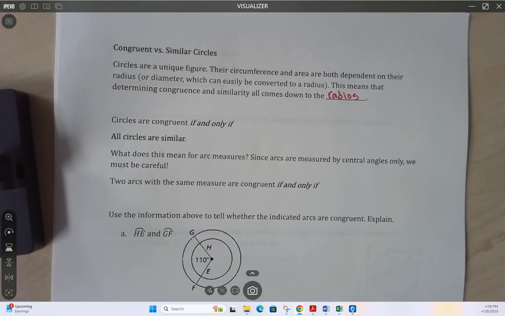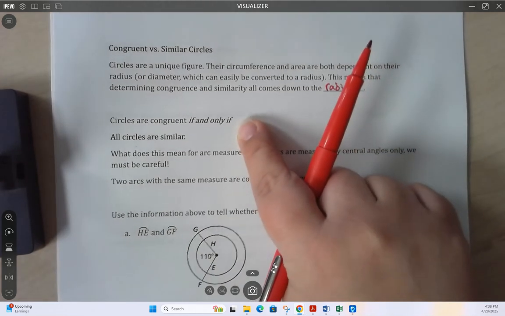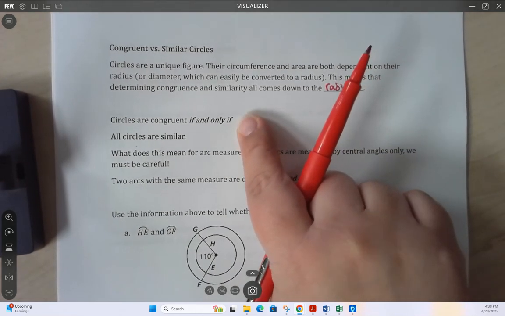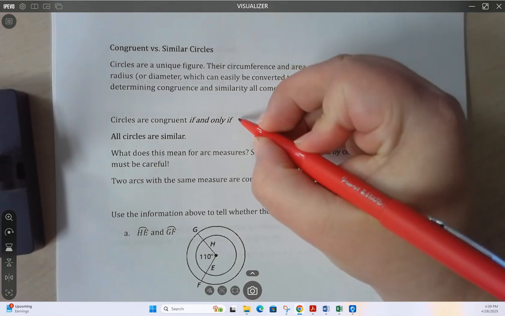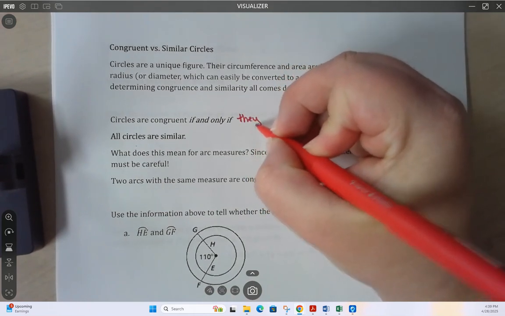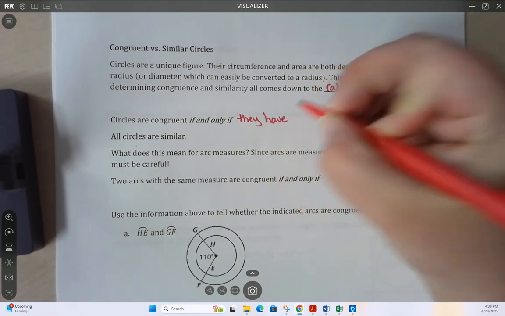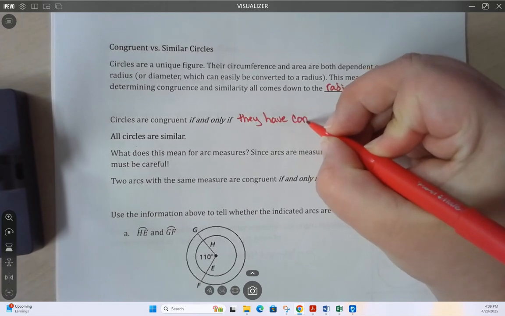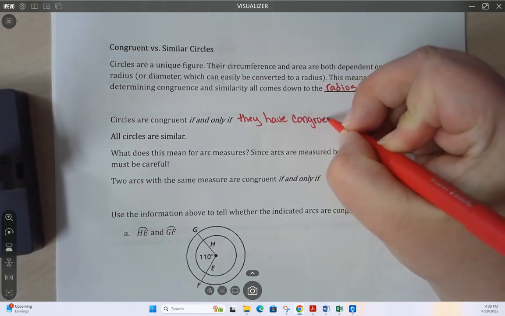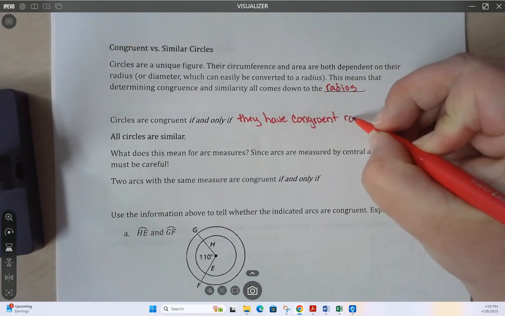Circles are congruent if and only if they have congruent radii.